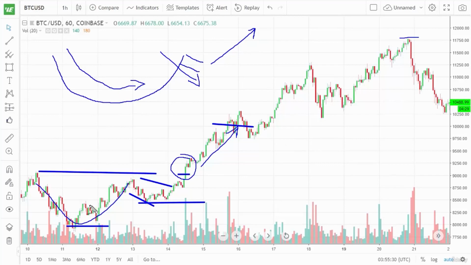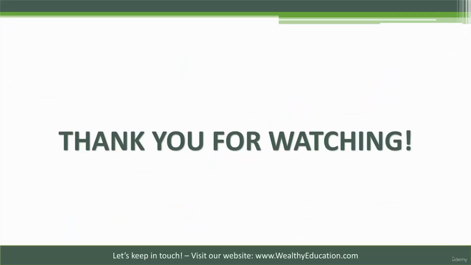Shorter time frames, of course, happen, like this example, and they do mean the same thing. And in the cryptocurrency world, that's pretty much where you're going to find these. In the next video, we'll take a look at wedges and flags.